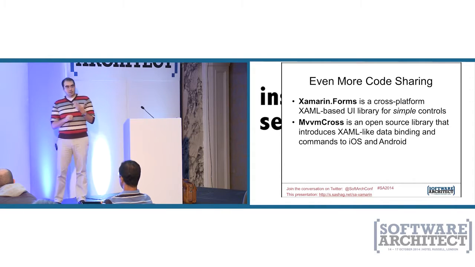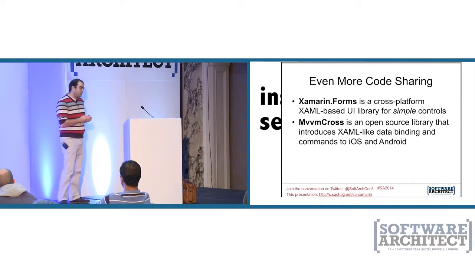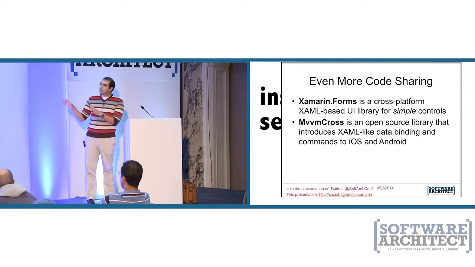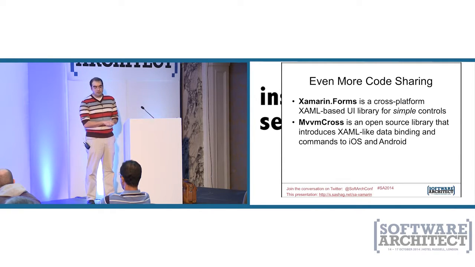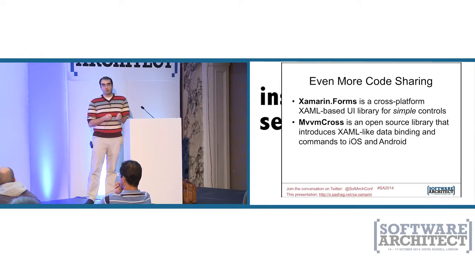Anywhere you can use MVVM, data binding, commands, these XAML concepts. So MVVM Cross is a really appealing approach if you're not going to use Xamarin Forms in your Xamarin applications. You can use MVVM Cross with the kind of app I've just built to minimize the amount of platform-specific code you'd have to put in your projects.